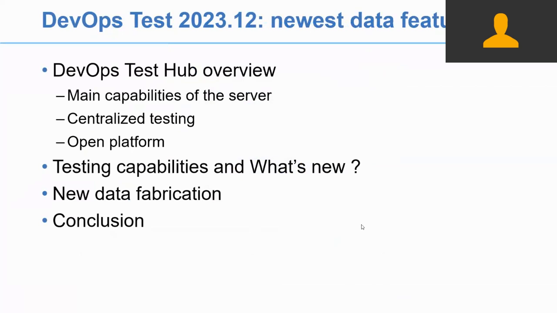But before that, I want to give a quick overview of DevOps Test Hub, as it's our main capability where we are going to see all the new functionality on DevOps Test arriving, and to make sure that everybody has the same understanding of the platform before we go into the technical details of the newest data feature.